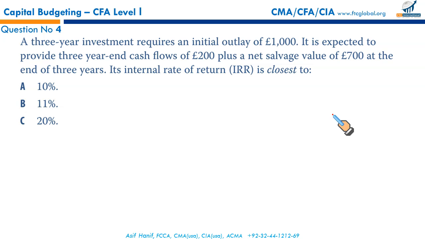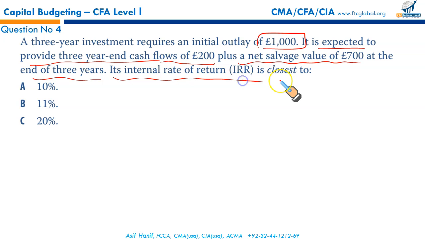Next, a 3-year investment requires initial outlay of £1,000. It is expected to provide 3 years of year-end cash flows of 200 plus a net salvage value of 700 at the end of 3 years. Its internal rate of return is closest to. So your cash flow at year 0 is £1,000. Enter, down arrow key.